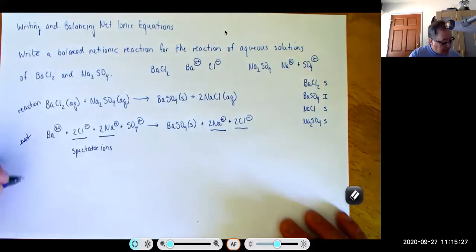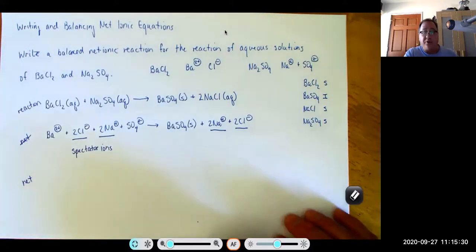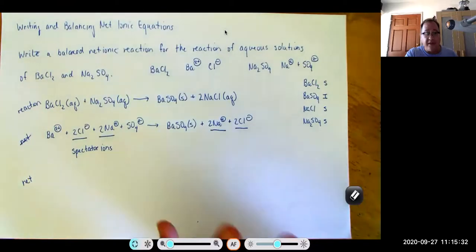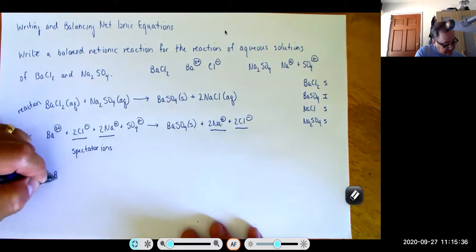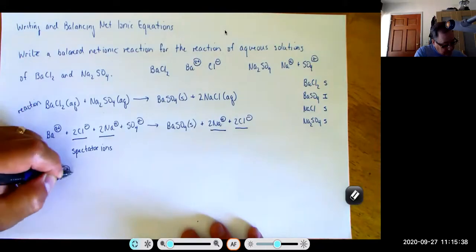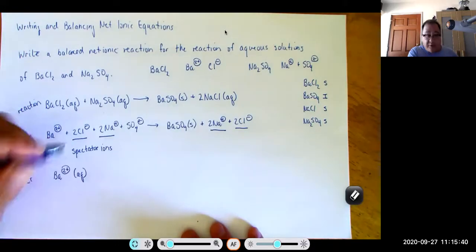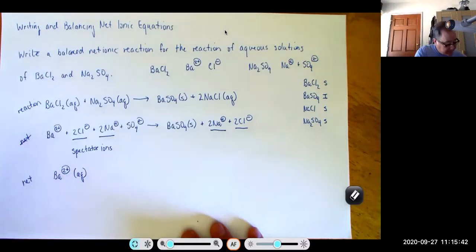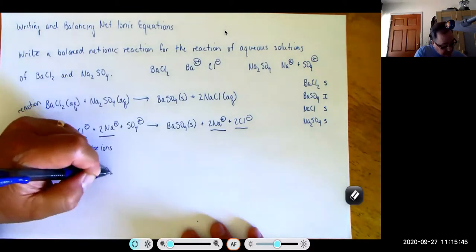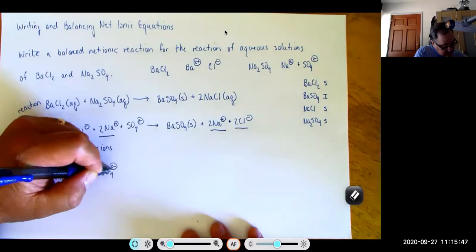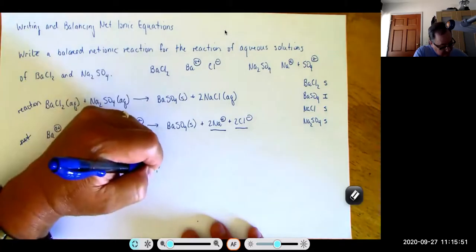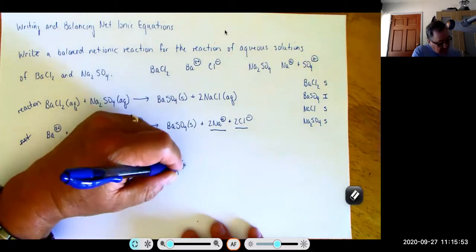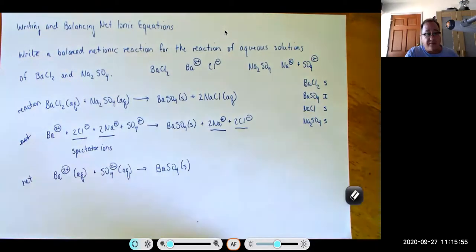Now, to write the net ionic reaction, which is supposed to be what is really happening, you don't need spectator ions. Now, I am going to put aqueous because that is aqueous. And there's your net ionic reaction.